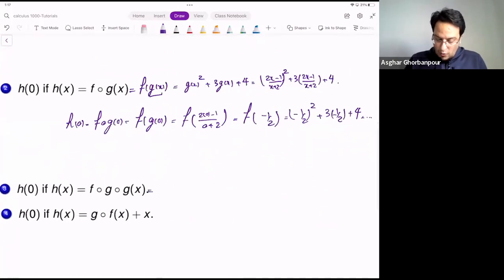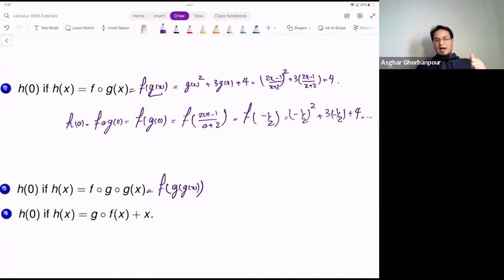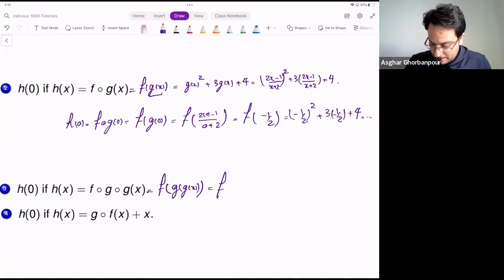Next, g∘g∘f, this is, I will just write this one and leave it for you to complete. This is basically this. You first plug g(x) into g itself, and this means simply 2 times g(x) minus 1 over g(x) plus 2.